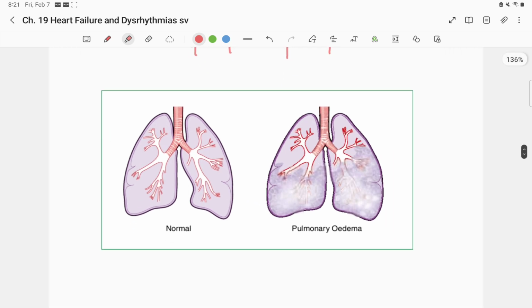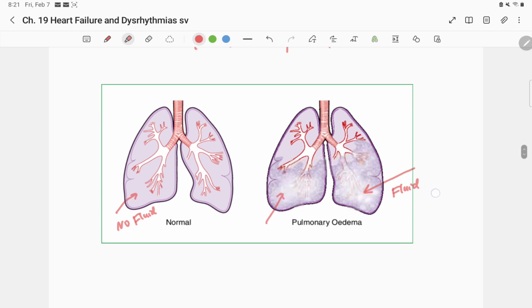Okay, normal lungs, there should not be any fluid buildup or anything like that. In the lungs over here, you can see all of the fluid starting to accumulate in the lung field.